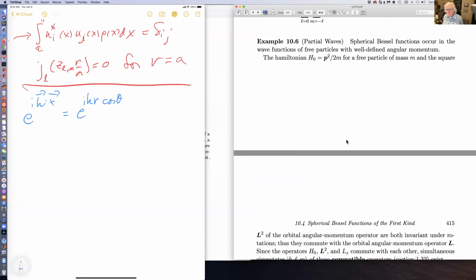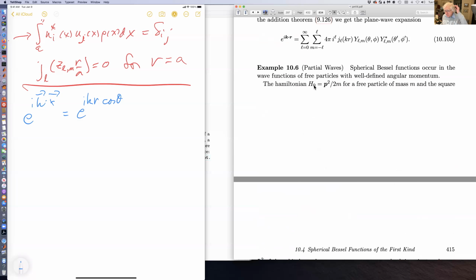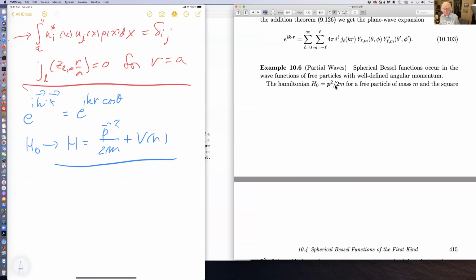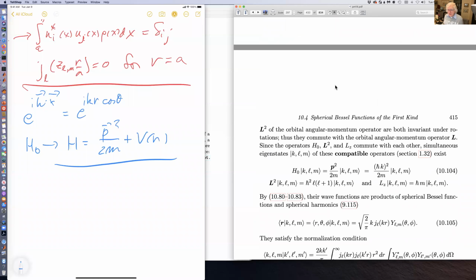Notice that I could equally well have chosen not H0, but H0 plus V. So let's see if I can get back to that. So we could have had H0 go to H, which would have been P squared over 2m plus V of r, and this is spherically symmetric, and so they would form three compatible operators.